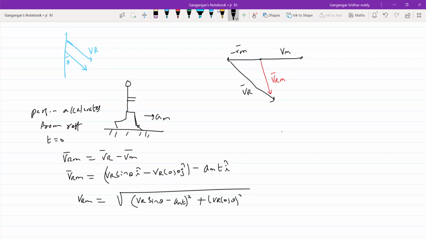So that will come in this direction. This is one component. Then Vr cos theta is the other component. So Vrm bar will now be in this direction. Let me take this angle as alpha.